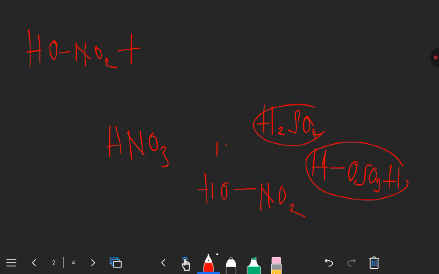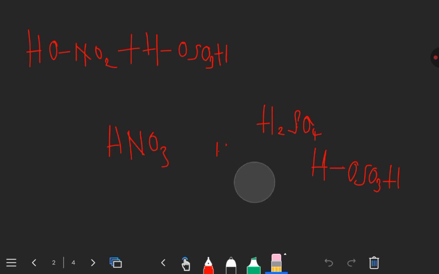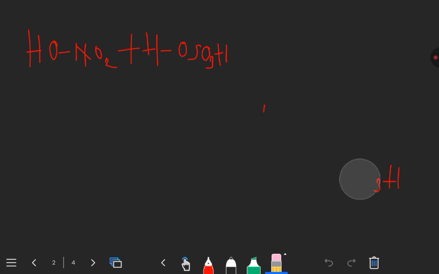This and that way of writing is just one and the same thing. So I'll put it here, H bonded to OSO3H. So at this point, we are going now to react these two acids.